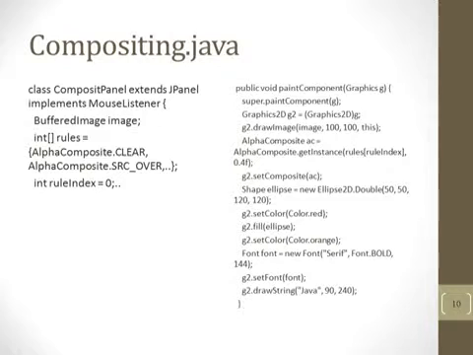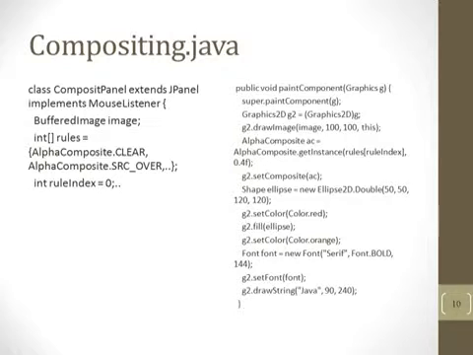Here is a part of the code. If we want to see the whole code, we can refer to our book, page 83. So in the constructor of the composite panel, an image is loaded from a disk. In the paintComponent method, the image is drawn first.